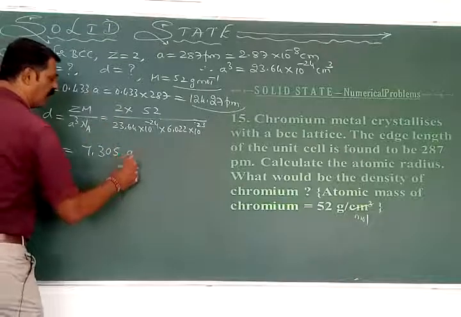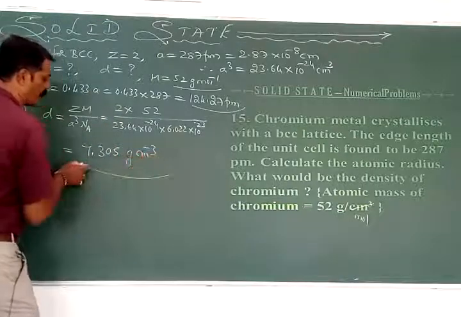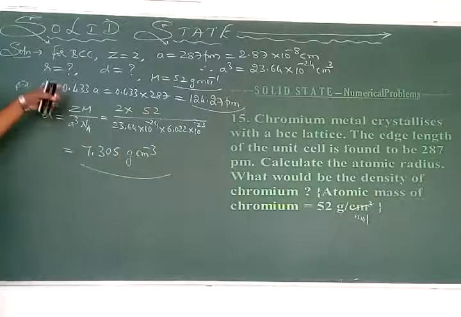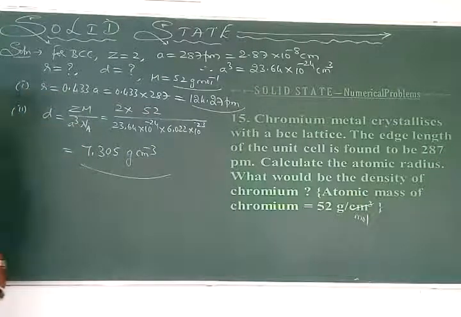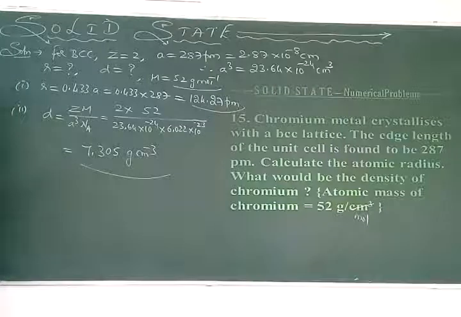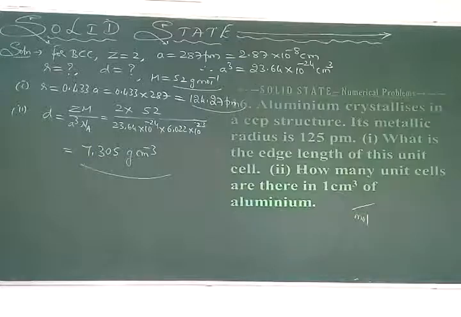As it is in gram and this is centimeter, it is going to be 7.305 gram per ml, or sometimes gram per cm cube. So as usual for BCC, R is equal to 0.433 into a, and for density Z is equal to 2, and substitution of that gives the value of density. Let's have the 16th.